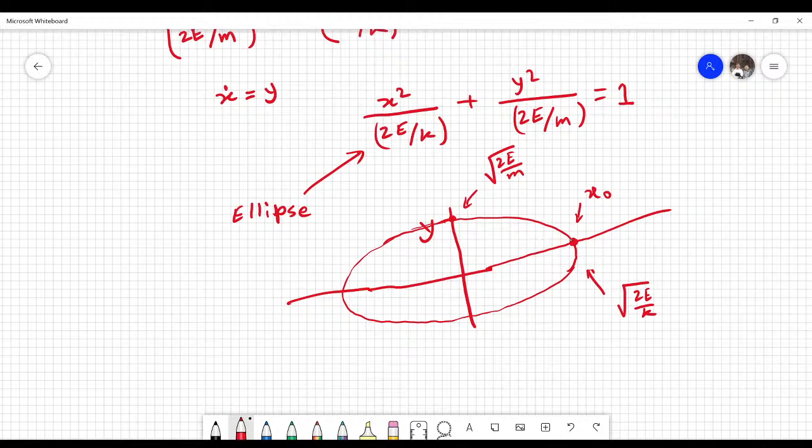So the value of x is going down, but as a result your system is gaining kinetic energy because it's losing potential energy. So your y value goes up. Effectively this point moves along this curve like this, and so on.